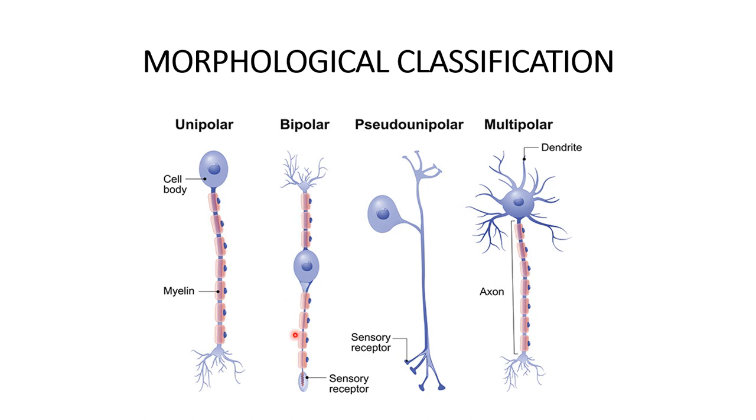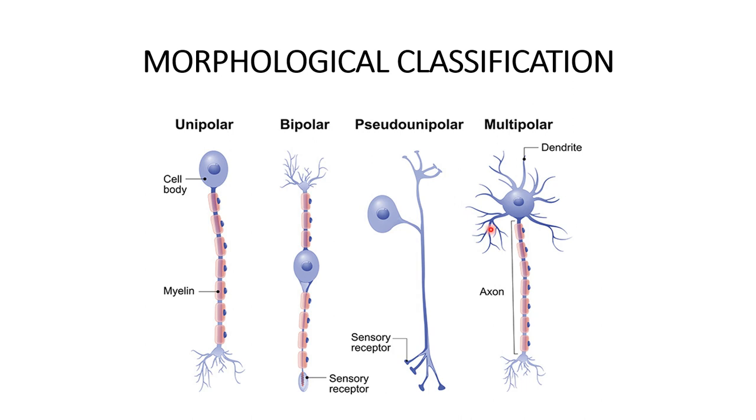Bipolar means two. The cell bears a single axon and a single dendrite on opposite poles, and these neurons are found in cochlear and vestibular ganglia, retina, and olfactory epithelium.